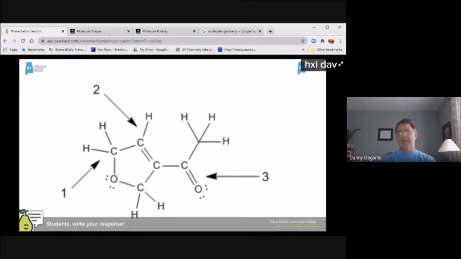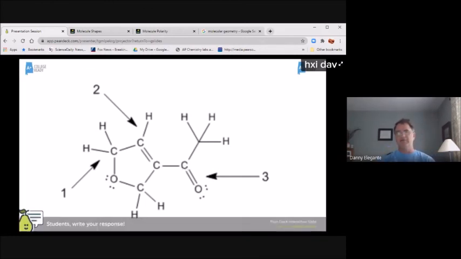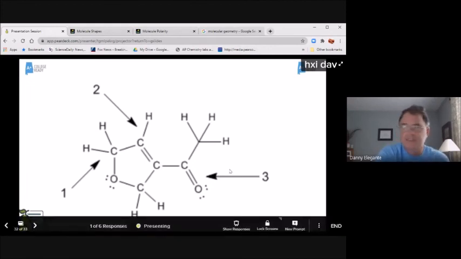But for me right now, what I'd like to know is, what is the hybridization of that carbon that's double bonded to the oxygen? So if you could type out your answer, what is the hybridization of that carbon stuck to that oxygen? Remember, your choices are SP, SP2, and SP3.